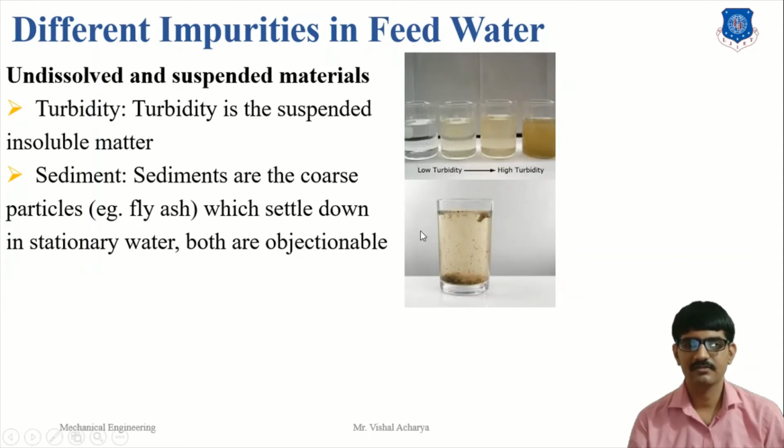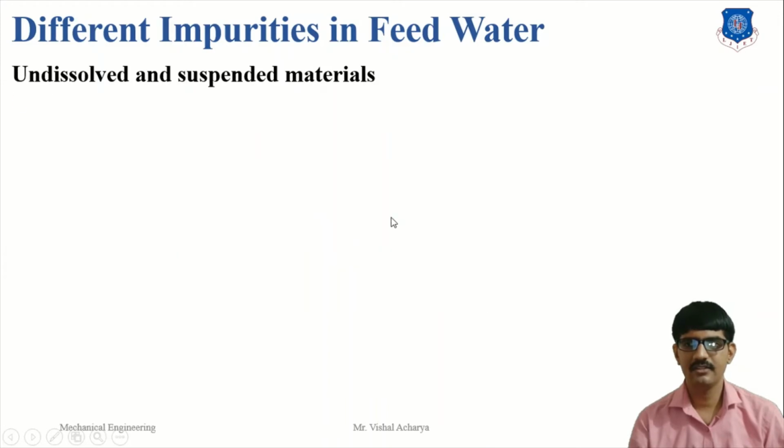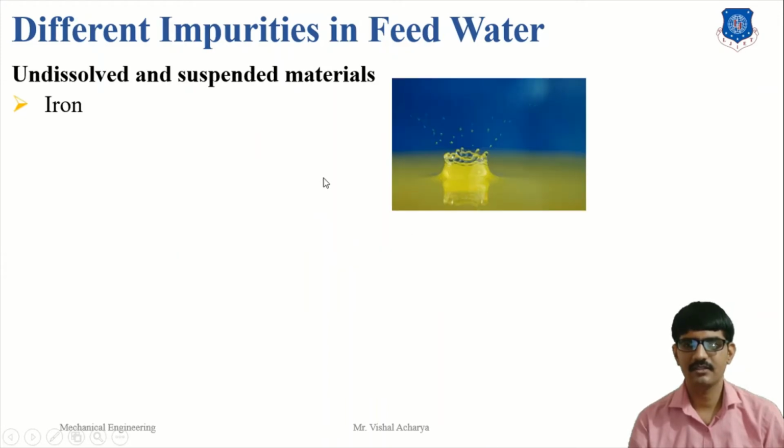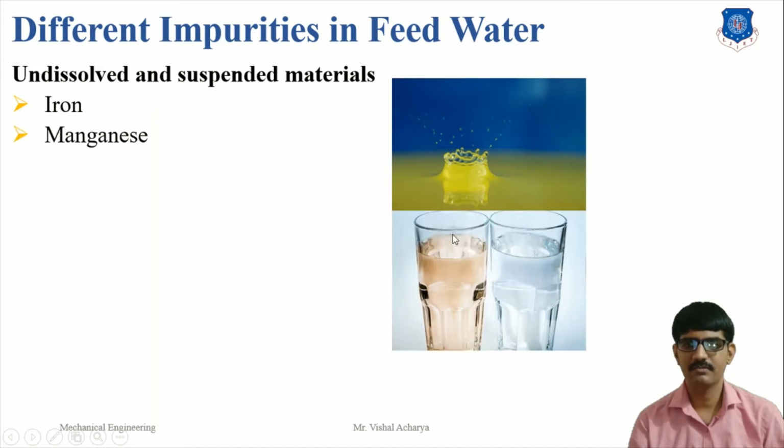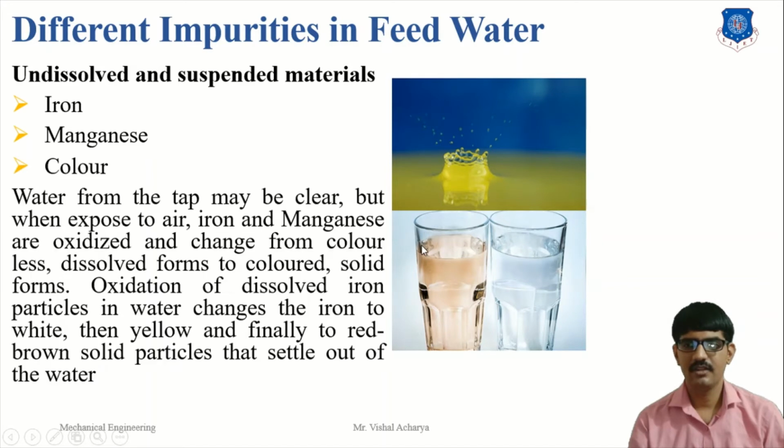Sediment is solid particles in water which settle down at the bottom or on other surface areas. Next are iron particles, which change the color of the water. Manganese likewise changes color.